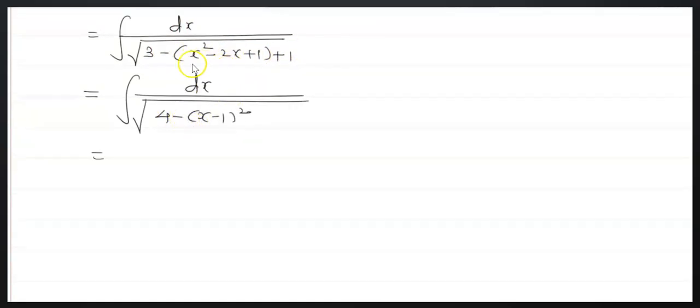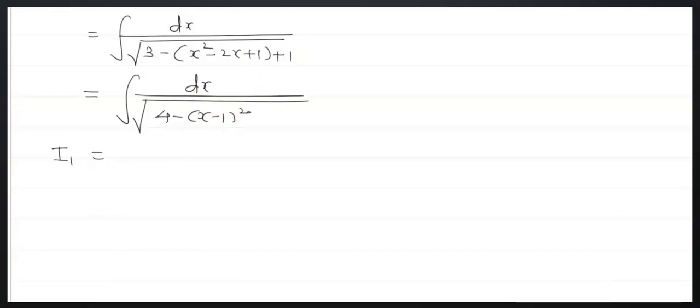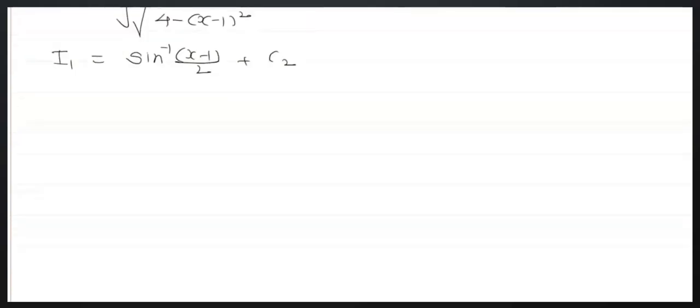Now this is the perfect square. See this here, x square minus 2x plus 1, this is the perfect square. It's x minus 1 bracket square. 3 plus 1 is 4. That is I1 is equal to sine inverse of x minus 1 upon 2 plus c2.